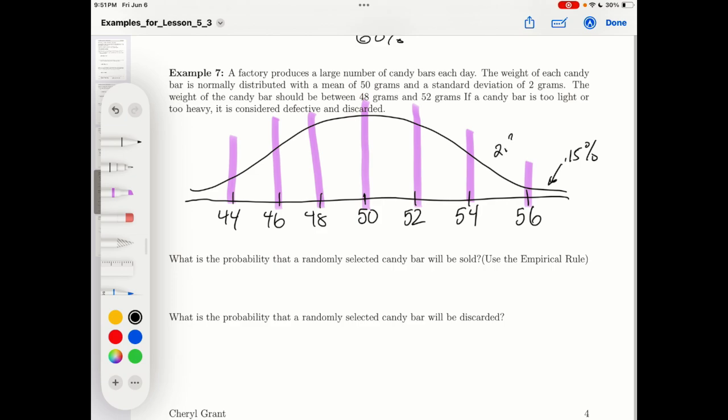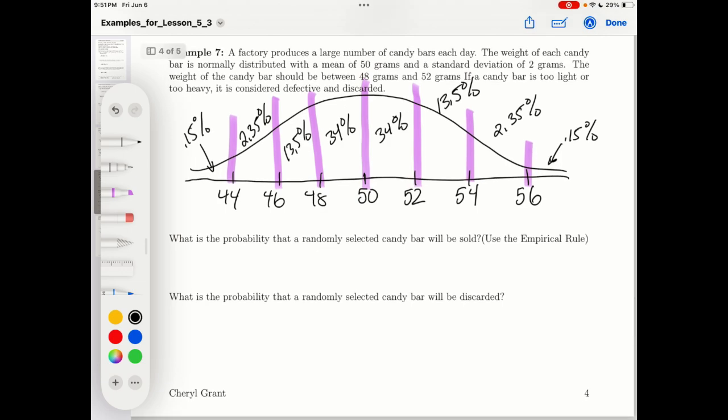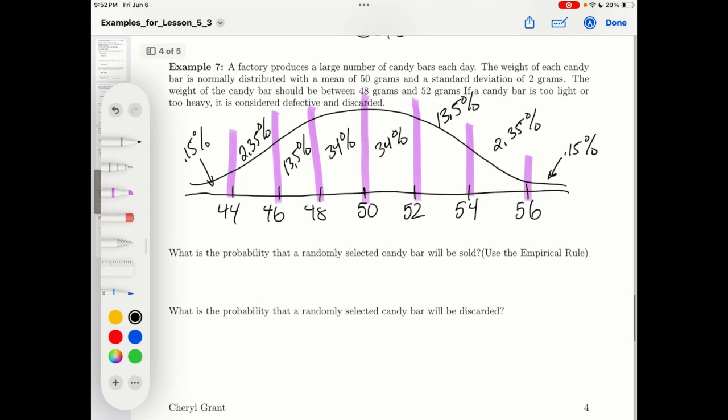So this is 0.15%, 2.35%, 13.5%, 34, 34, 13.5, 2.35, and then our last bit on the other side, 0.15%. Now let's use this chart to answer our questions. It says, what is the probability that a randomly selected candy bar will be sold?